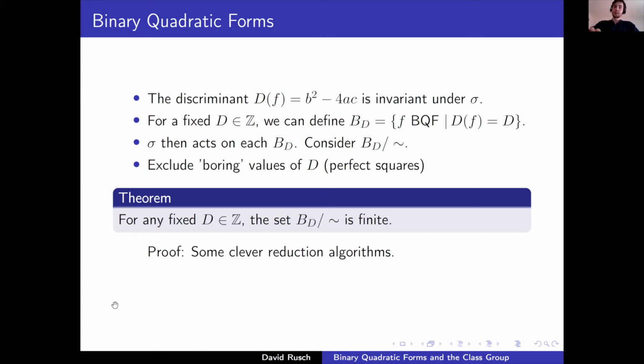So here it's quite important to mention that the cases where D is positive and the cases where D is negative are very different from each other, in the sense that in the case that the discriminant is negative, we can describe all the classes pretty well by a finite set of representatives.